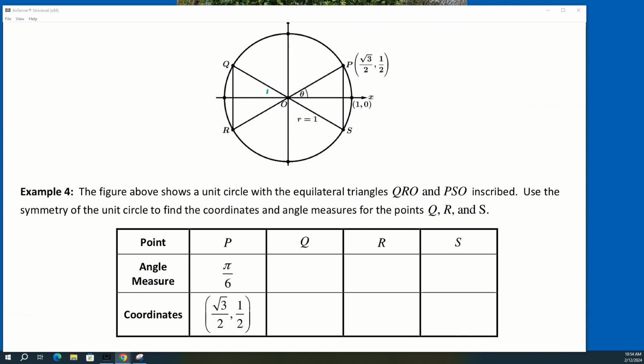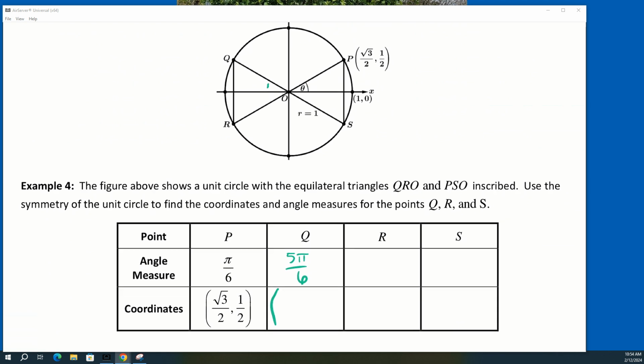Q is going to be 5 pi over 6. Good. All right, and then the ordered pair should be corresponding points, but because we're in quadrant 2, the x is negative and the y is positive. All right, so you guys go ahead and do that. Same thing for R and S, please.